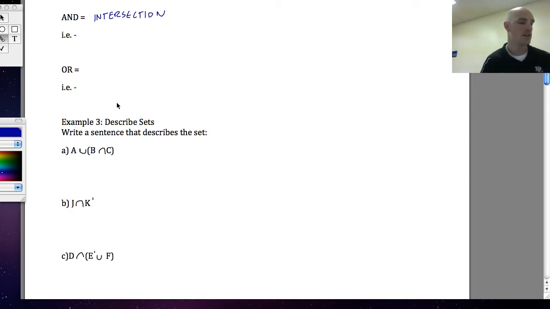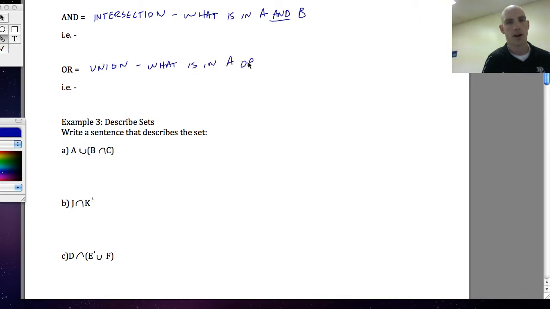So intersection is "and". What is in A and B? And "or" is going to be union. What is in A or B? Put all together.